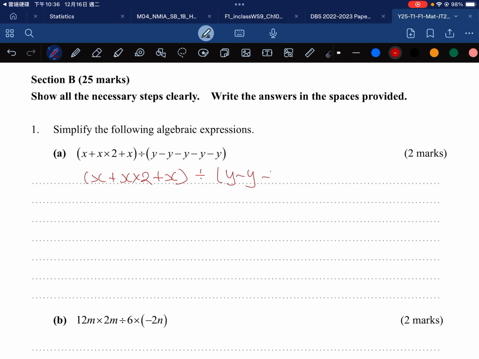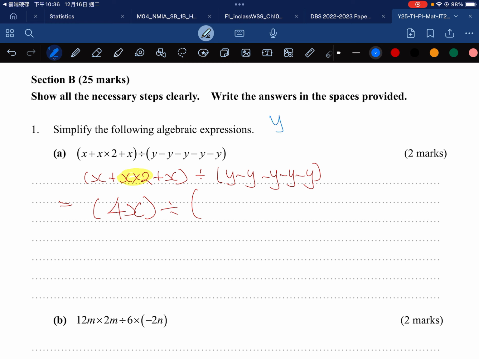For the left hand side, x plus 2x. The first calculation is combining them, so we have 4x at the end. And for the right hand side, it's a little bit tricky. Some of you, or most of you, write down minus 4y, but it's wrong.